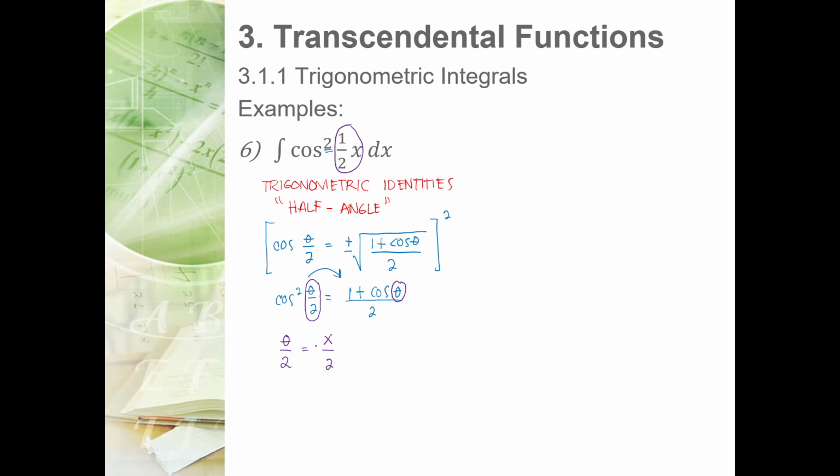Meaning if we want to get the theta for later, theta is just equal to x. Okay, so everything's done with the replacement. So we can now change the complicated formula to its new counterpart.